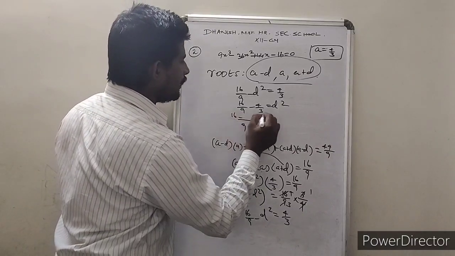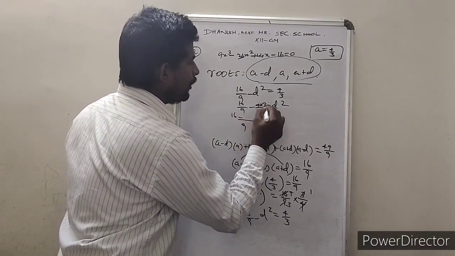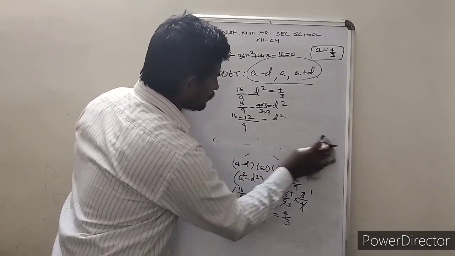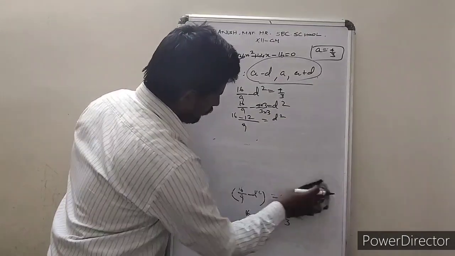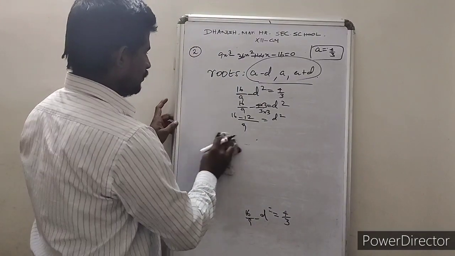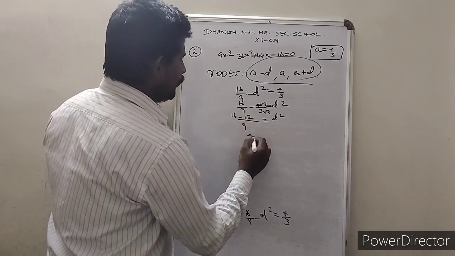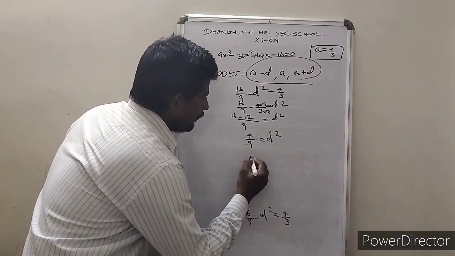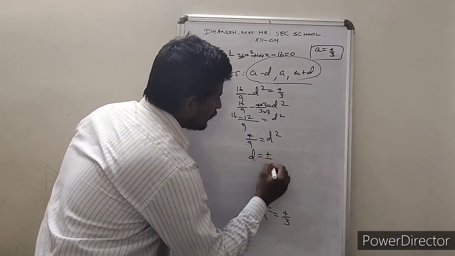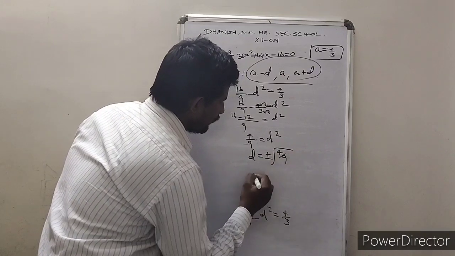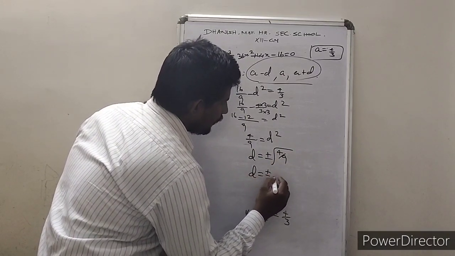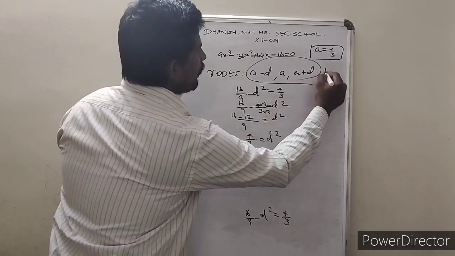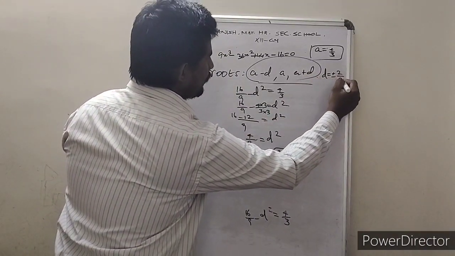So 16 minus, here you should multiply by 3, so 12, equal to d square. Now 4 by 9 equal to d square. So our d equal to plus or minus root 4 by 9. So our d equal to plus or minus 2 by 3.